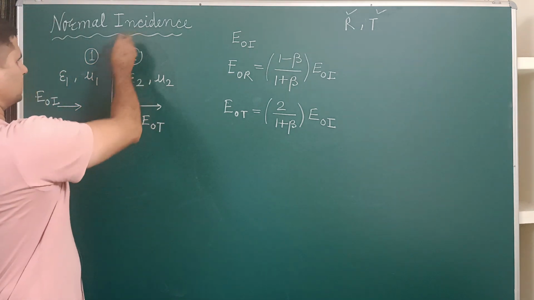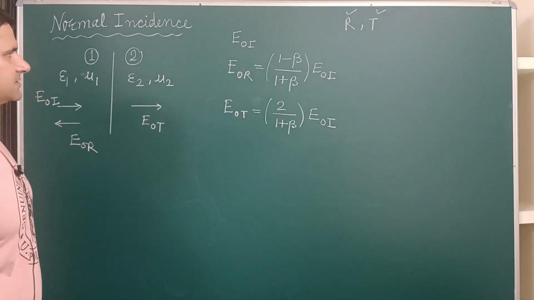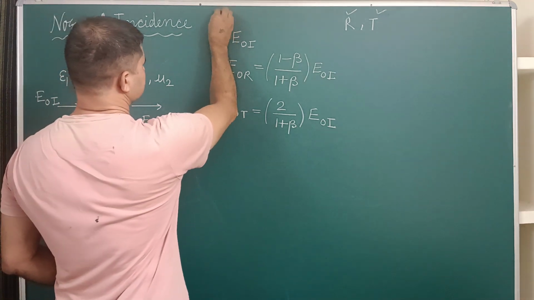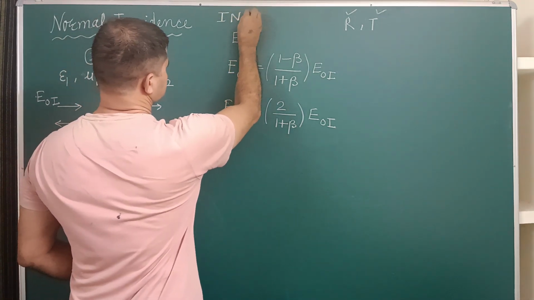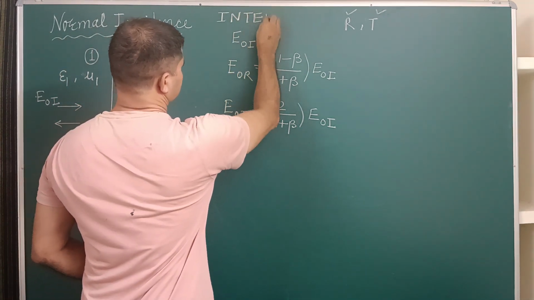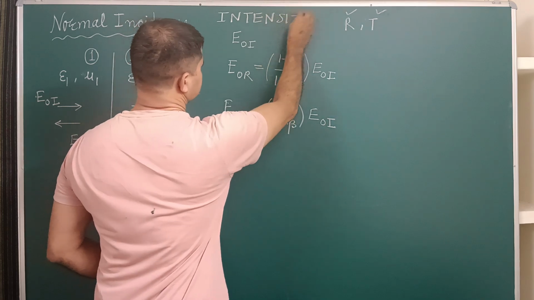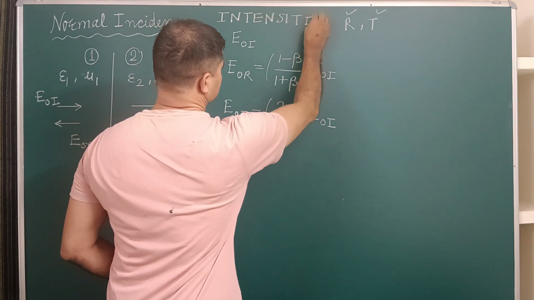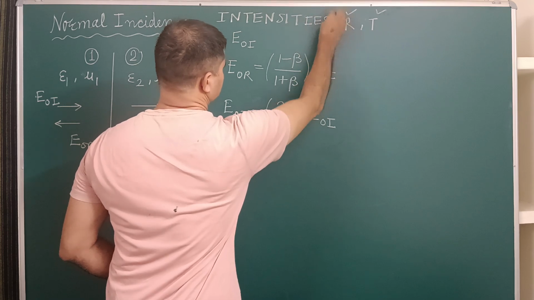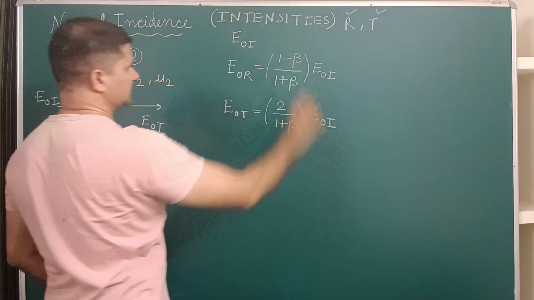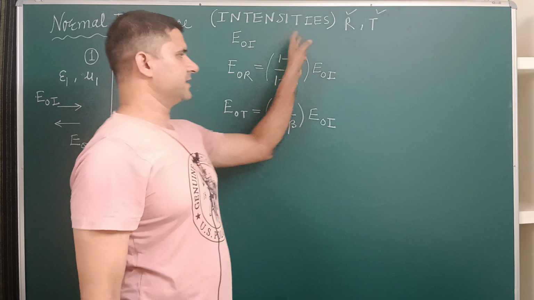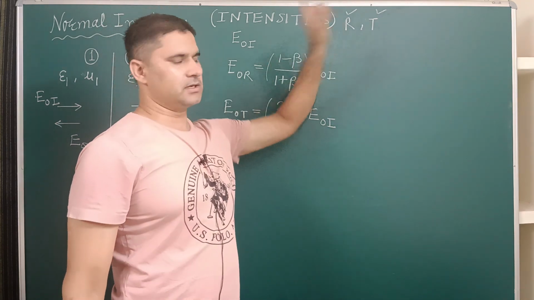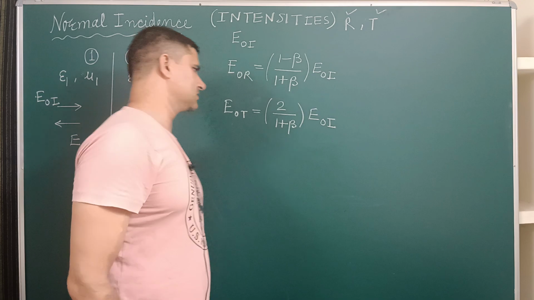So in this case of normal incidence we will now find the intensities, and after calculating intensities you can easily find the reflection and transmission coefficients.